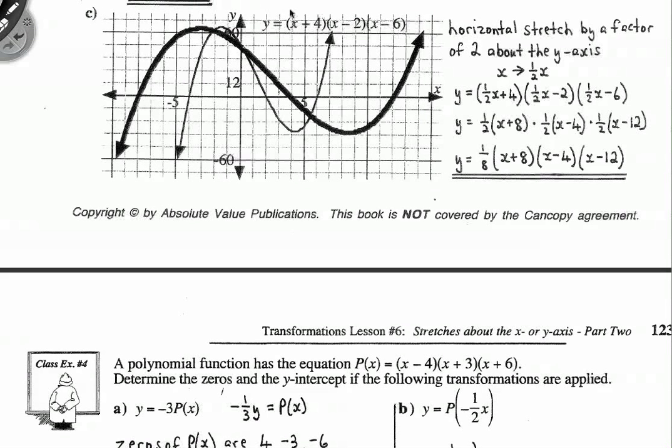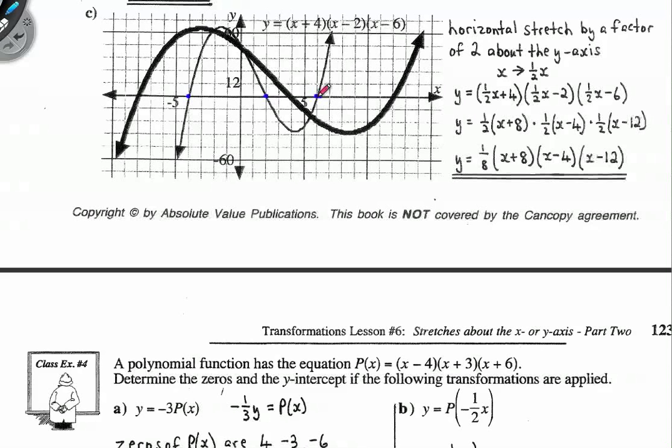Okay, so this is a very similar thing. You can see from the equation that we're going to have zeros at negative 4 because of this bracket, positive 2, positive 6. In the original, here we are right here at negative 4, positive 2, and positive 6.